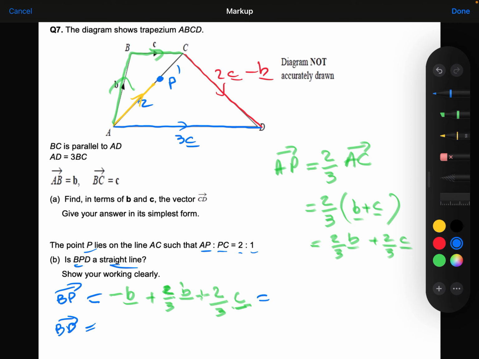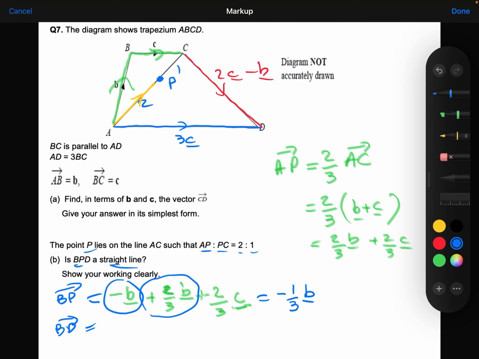So I now have my vector B to P, but I can simplify that because I've got a minus b plus 2/3 b. So minus 1b plus 2/3 b would be minus 1/3 b.